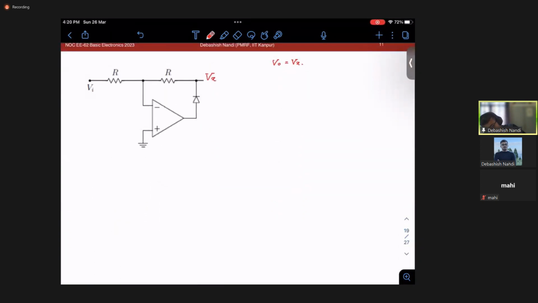So suppose you apply positive voltage here, right? If you apply positive voltage here, then here you have positive voltage, right? Here you have an increment. So what is this? It will decrease, right?